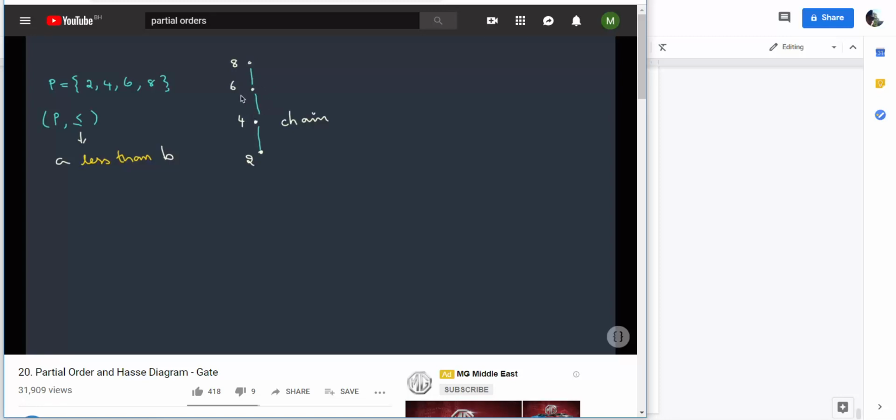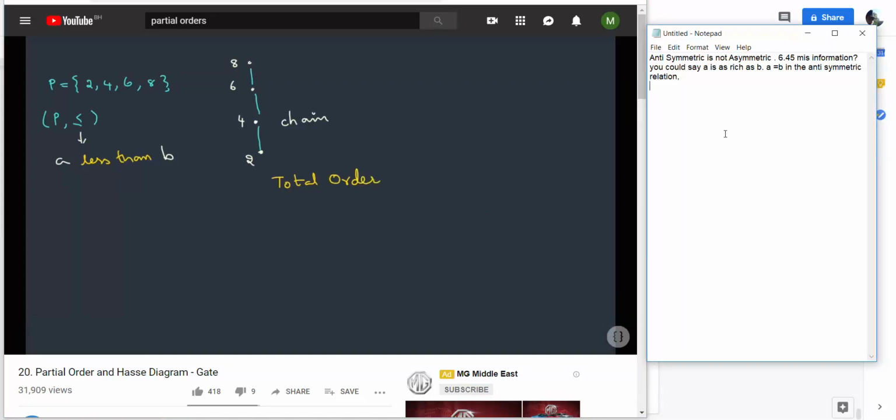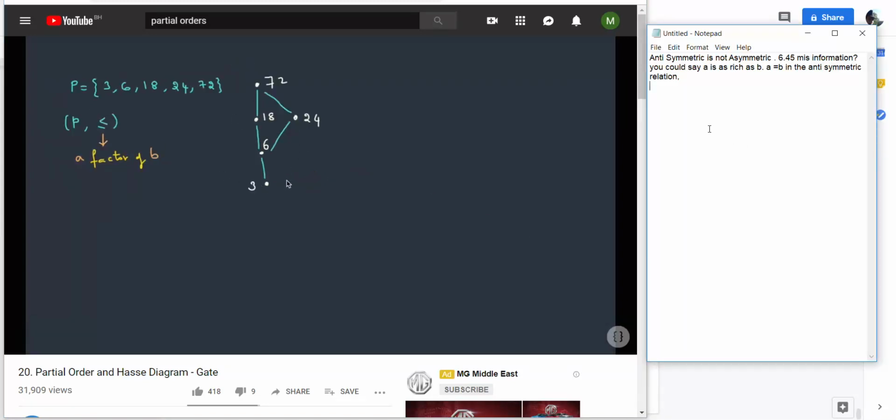Or if I take 4 and 6, 4 is less than 6. Any two elements can be compared. In a partial order, if every two elements can be compared, then that order is called a total order. If you look at the last example, it is not a total order because 18 and 24 are not comparable.